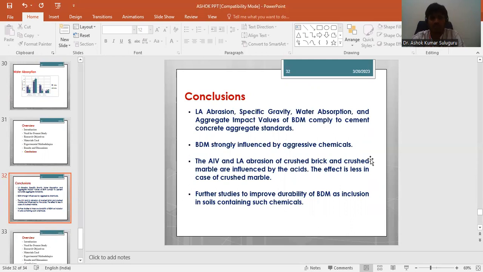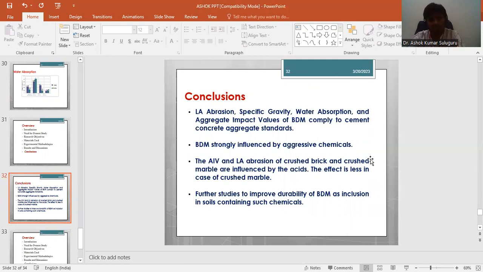At the same time, aggregate impact values and LA abrasion values also got affected by these acids. Further, we can study the durability of these BDM materials in inclusion with soil.